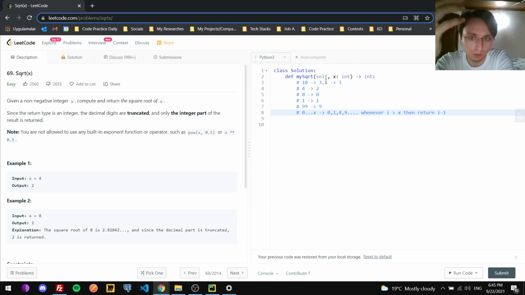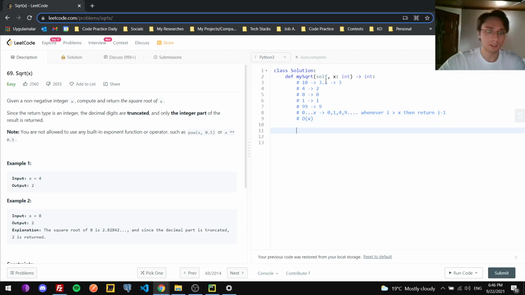But this approach will be O of x, because we have to go until x. We can find a better way to do this with binary search.